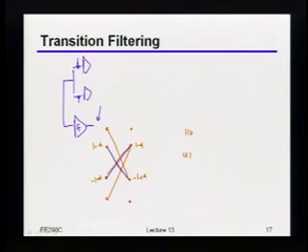In other words, you're filtering the data to see that there's only this particular type of transition, so that you only work on those edges when you take that data out and use it in the clock and data recovery loop.